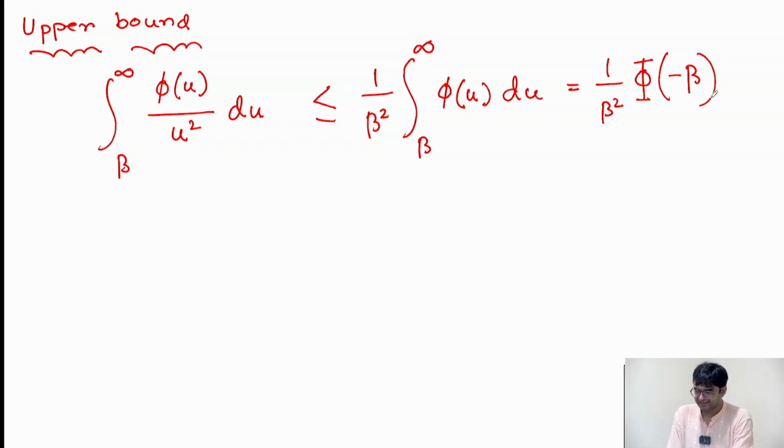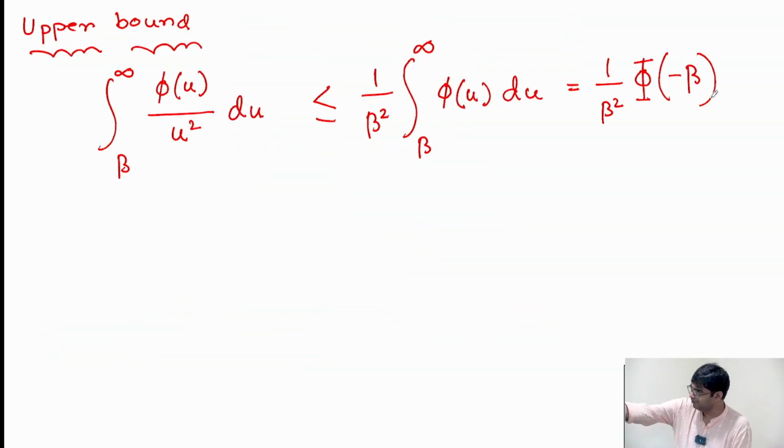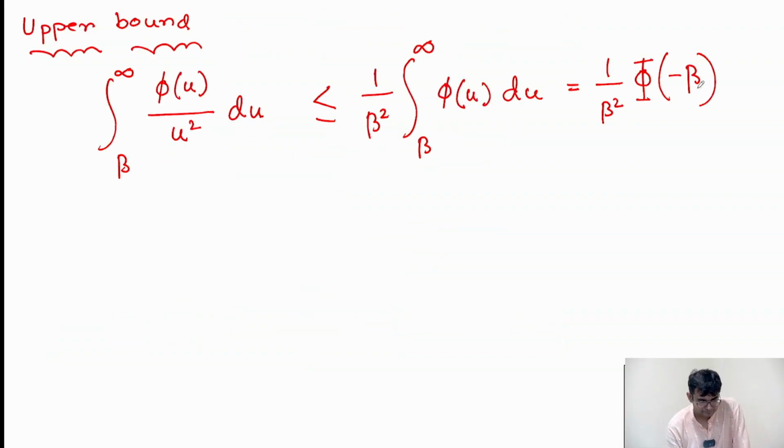So now let us take it and substitute it into the expression of phi of minus beta that we have. That is the exact expression, by the way. So we will take this bound and substitute it into that expression. So what will I get? Left hand side is phi of minus beta.